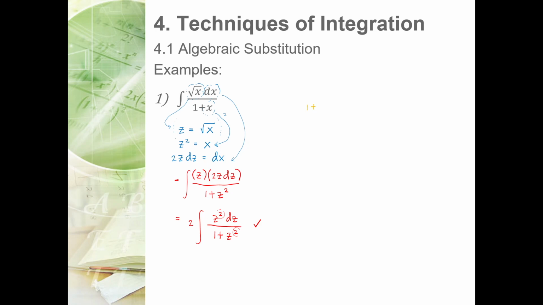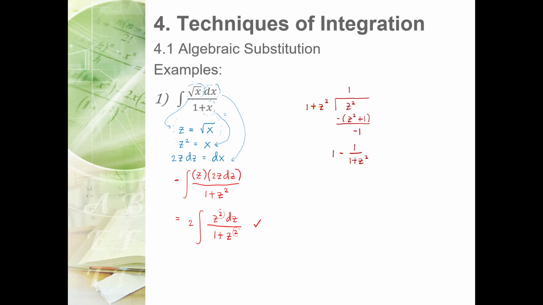So long division, 1 plus z squared, then divided by z squared. So this should be 1. This should be z squared plus 1. So minus, right? Then you have negative 1. So again, you express your answer as the quotient plus the remainder, that would be the remainder all over the divisor. Okay?